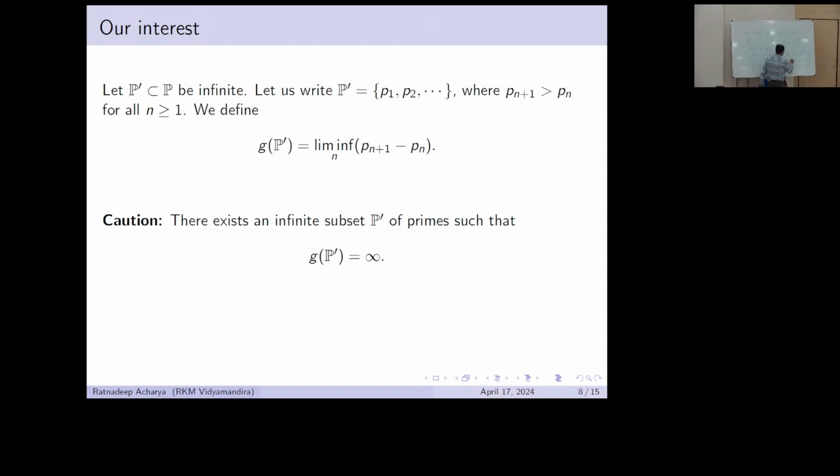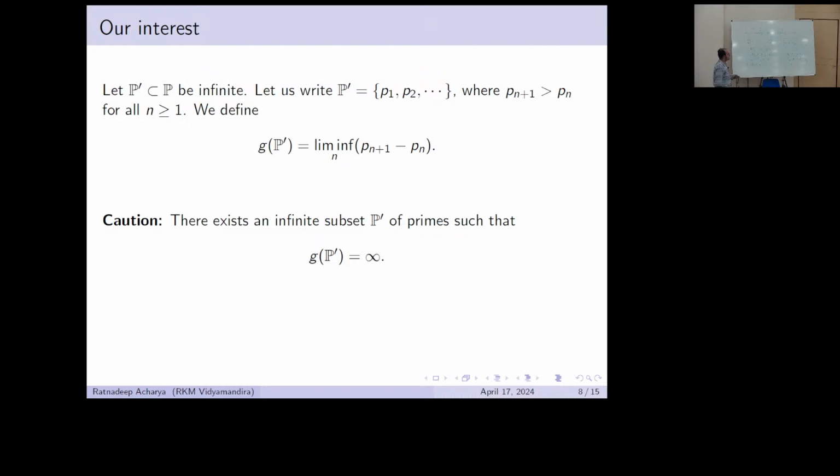Choose P4 such that P4 minus P3 is bigger than the previous gap, and so on. Following this, you can immediately see that G of P prime, consisting of the primes P1, P2, P3, etc., is infinite.